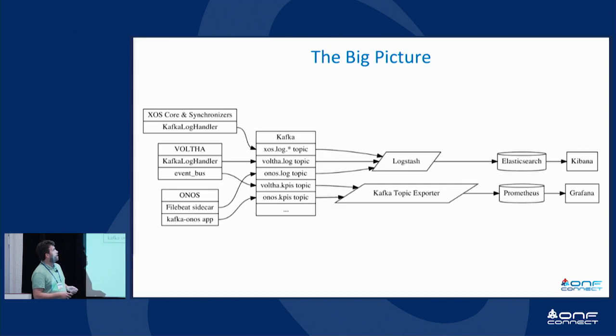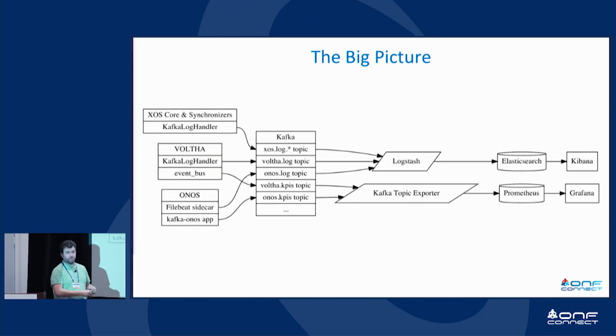So this is the big picture of what we worked on in the post 6.0. We have various internal services over here. So XOS Core, Volta, and ONOS. We have them all publishing on Kafka topics.